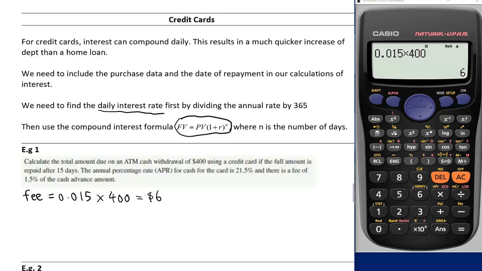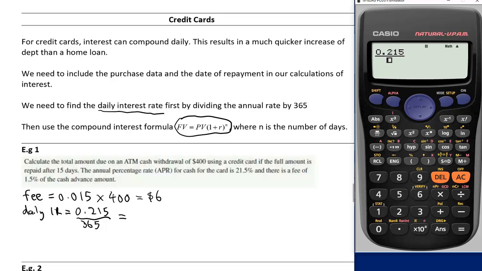Now, the next thing we need to find is that daily interest rate. So we're going to have to divide the APR, which is 21.5%, by 365. So the daily interest rate is going to be 0.215 divided by 365, which equals, let's put that in our calculator.